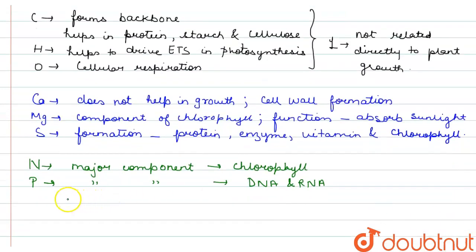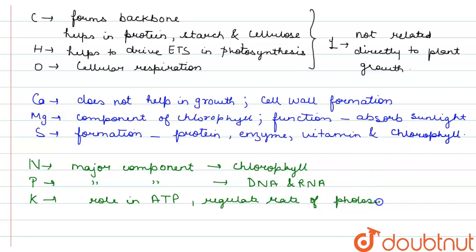And potassium plays a role in ATP and it regulates the rate of photosynthesis. So these three nutrients help in plant growth.